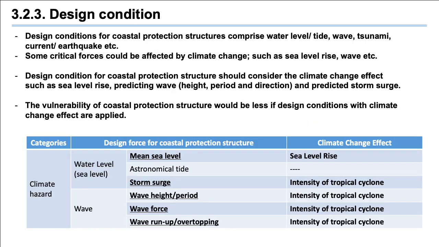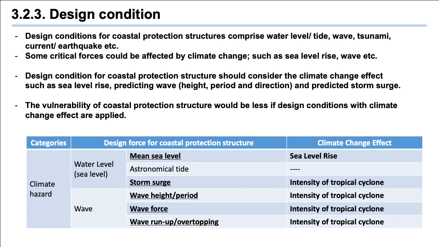The third focal point for the vulnerability assessment of coastal protection structure is design condition. So design conditions for coastal protection structure comprise water level, tide, wave, tsunami, current, an earthquake, and so on. Some critical forces could be affected by climate change, such as sea level rise, wave, as mentioned above.